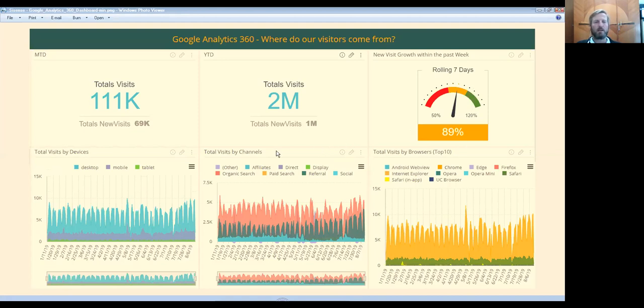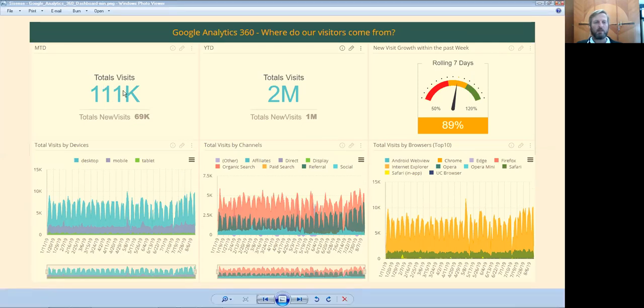What we can see here, interesting, total visits. Again, K stands for kilo or 1,000, and M stands for million. So that's 111,000 versus 2 million.